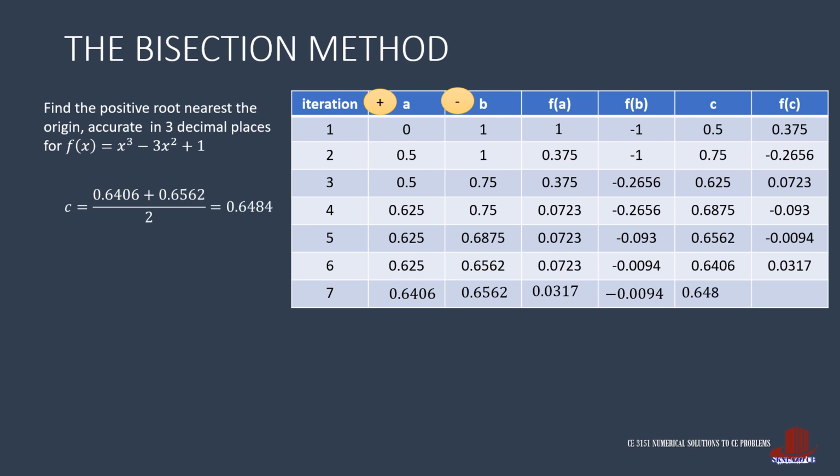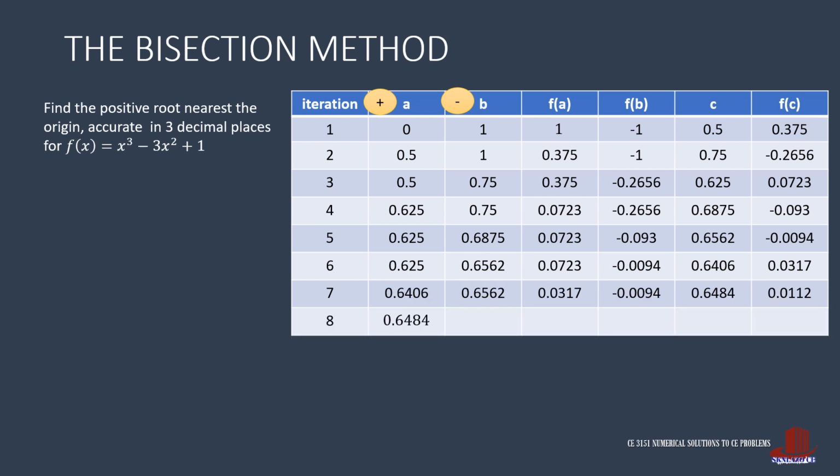With a and b determined, c is computed as 0.6406 plus 0.6562 over 2 to have c as 0.6484. f of c at this value becomes 0.0112. With f of c as positive, we replace a in the next iteration.